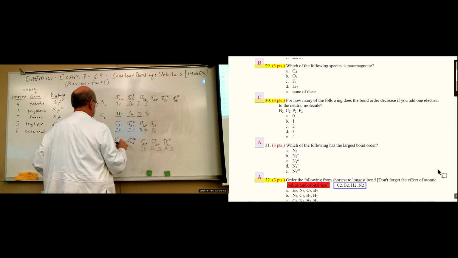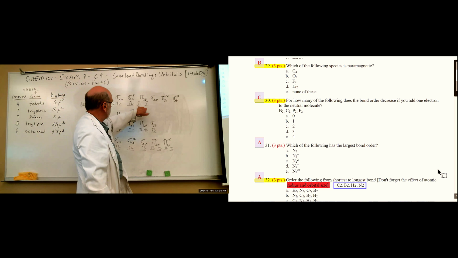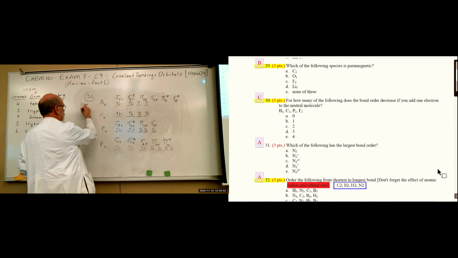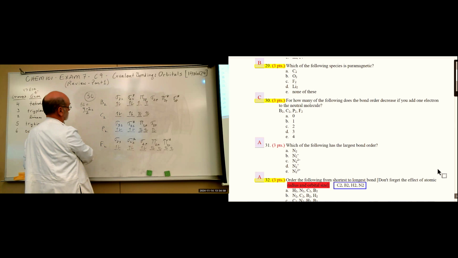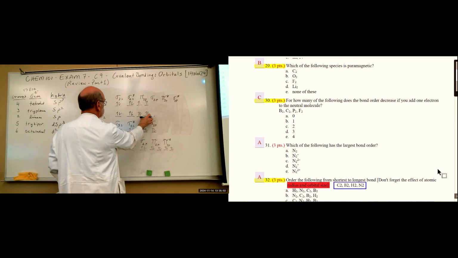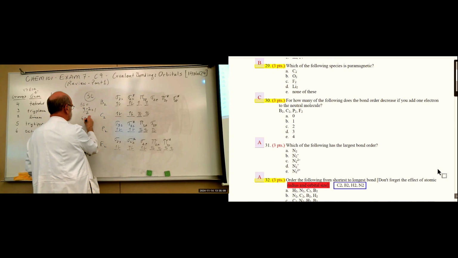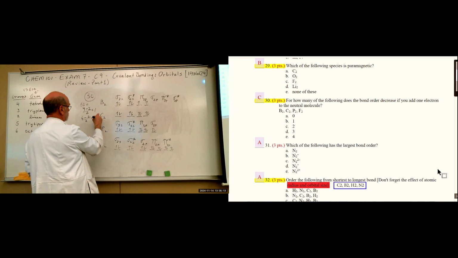And now we can do the bond order. Okay. Bond order equals. All right, we have 1, 2, 3, 4. 4 minus 2 divided by 2. Right? So that's 1. Carbon is 2, 4, 5, 6 minus 2 divided by 2 equals 1.5, right?